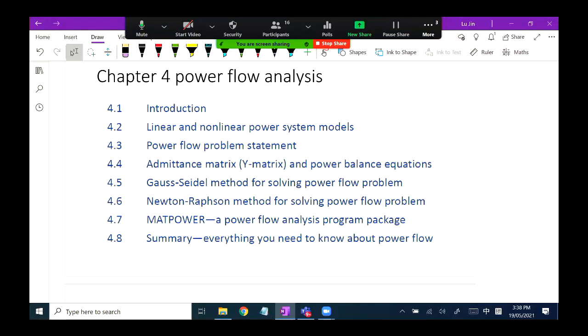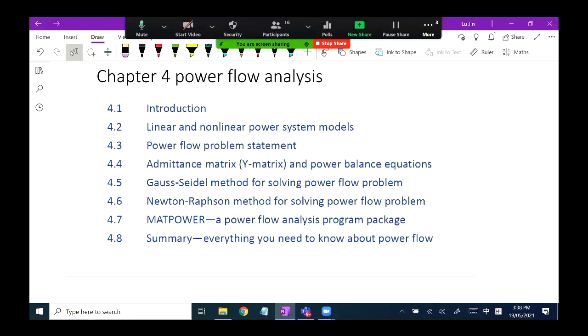One more thing. In section 4.5 and section 4.6, the GS, the Gaussian one, and Newton, these two methodologies. The Gaussian one is okay. We can just run the test questions on that individually. But for the second one, the Newton-Raphson methodology, this part can be mixed with our fault system analysis.